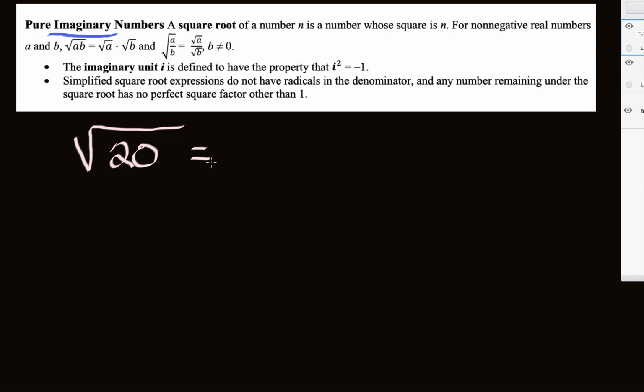Of those, which is a perfect square? 4 is a perfect square, so we could take the square root of one of those factors. So 20 can be broken up into the square root of 4 times the square root of 5.